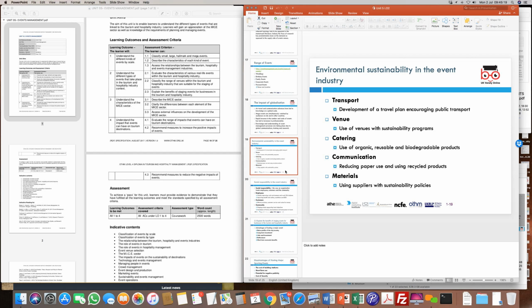Now, that's not a direct example, but in some places where tourism is primarily driving the economy, you will see that conservation and sustainability is becoming a key element when it comes to modes of transport, the venue itself, and some of the other facilities which facilitate tourism in that region. So when you look at Bali, Indonesia, the Maldives, or destinations like Ibiza or Mallorca, a lot of this is driven primarily by tourism.